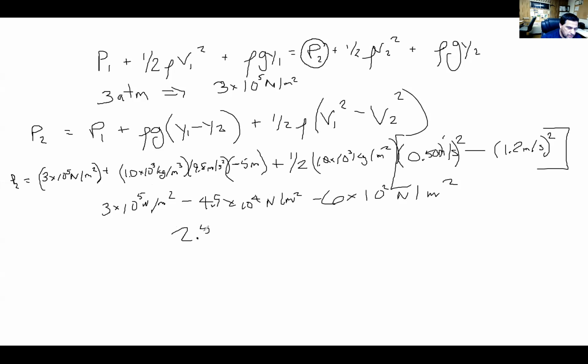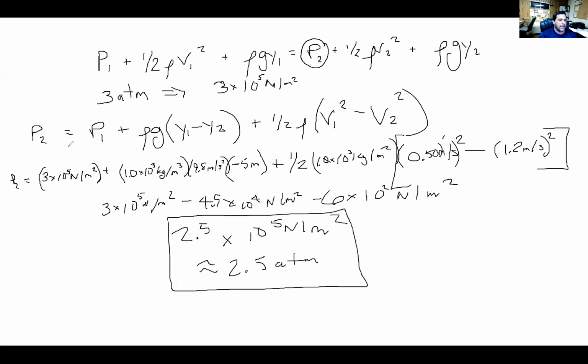So this works out to 2.5 times 10 to the 5th Newton per meter squared, or roughly 2.5 atmospheres. And again, the pressure in the basement is 3. Pressure on the second floor where the pipe comes out is 2.5. Okay. So that's using a combination of both continuity and Bernoulli.